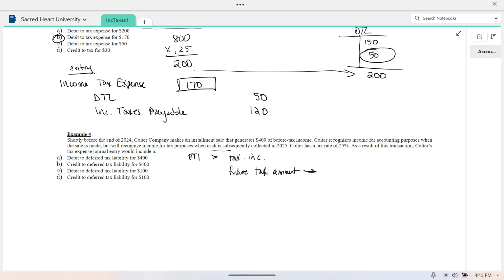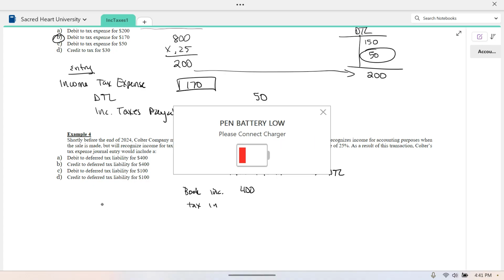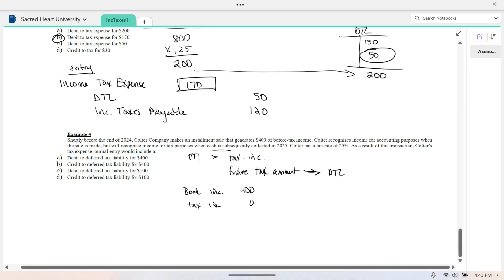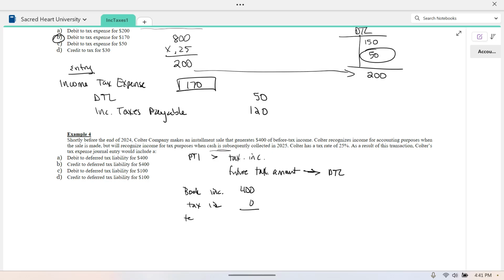And because of this, we need a deferred tax liability. We can look at this as our book income of 400, our taxable income is 0, the temporary difference is 400 multiplied by the tax rate.